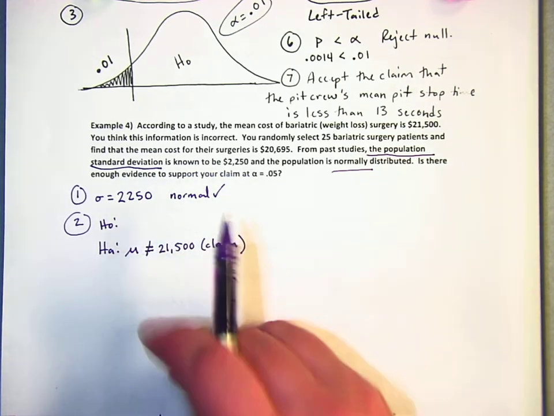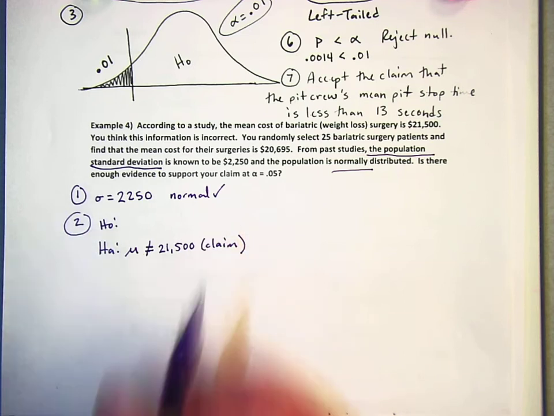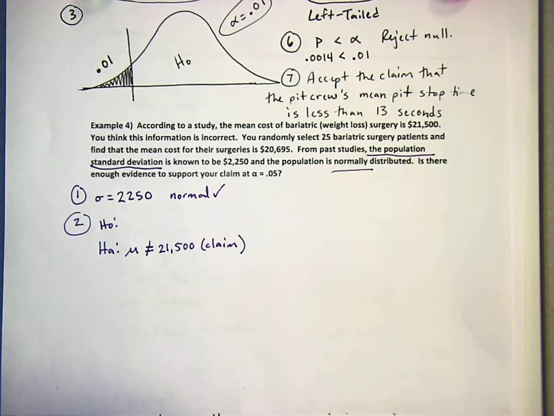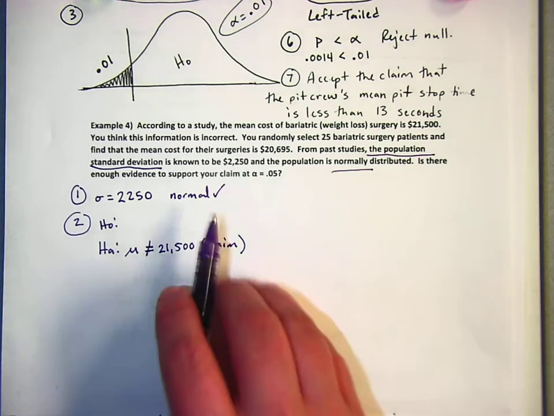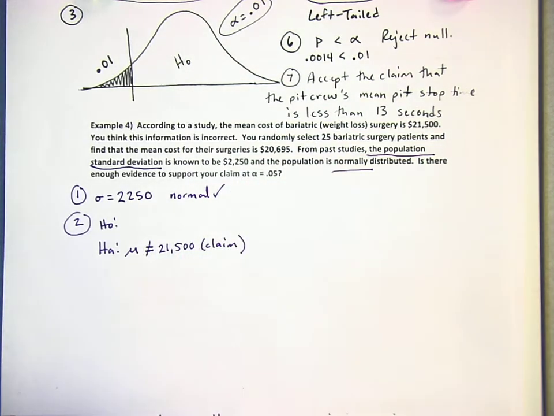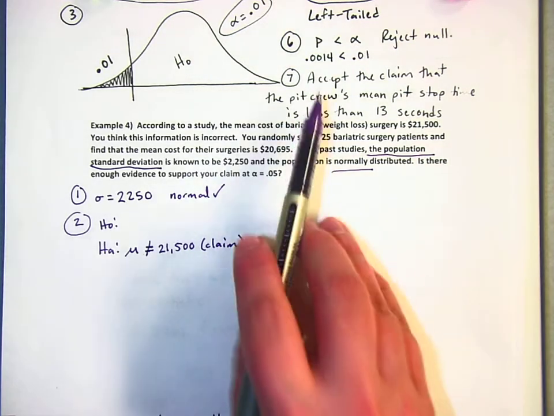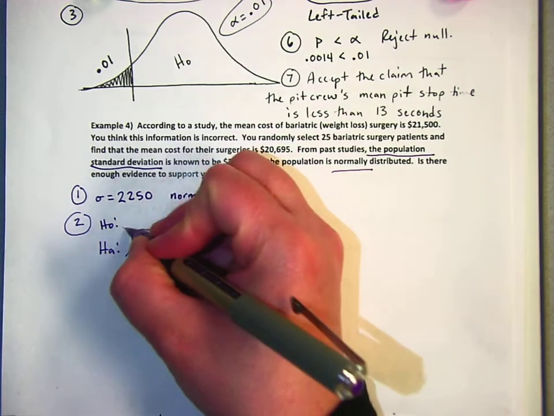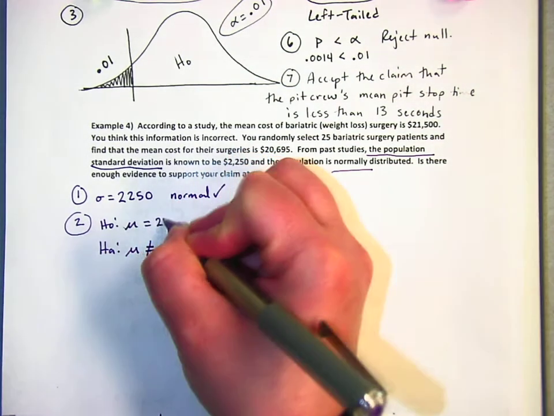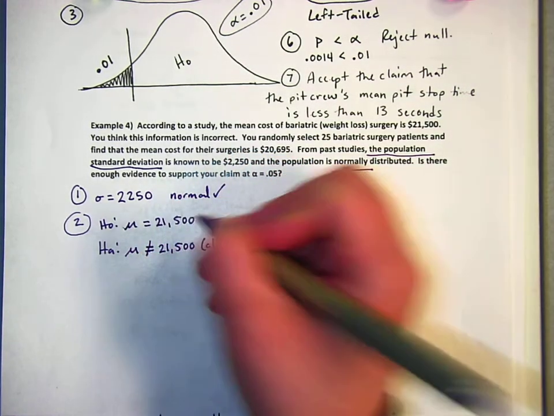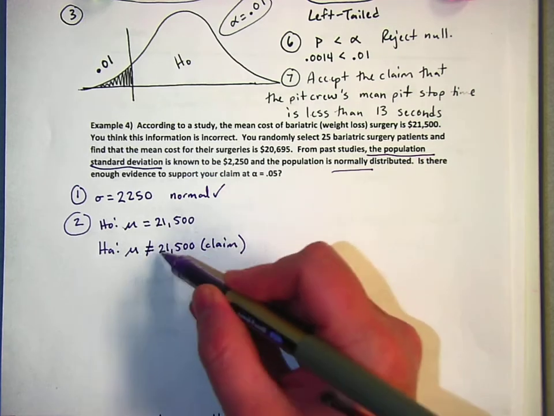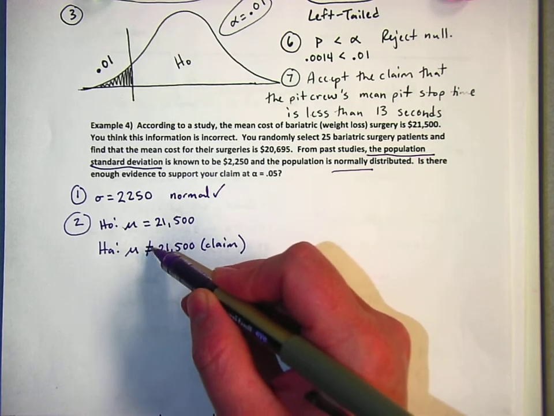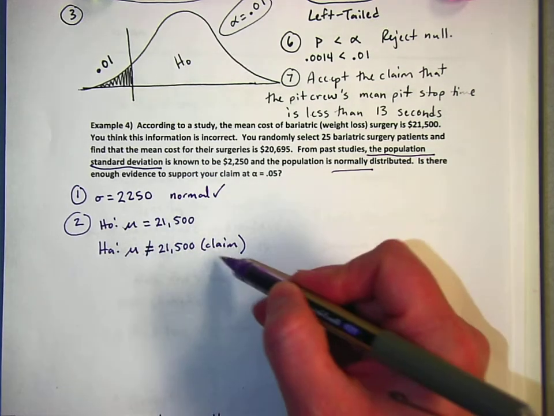But really, it wouldn't matter. Like, if you had this question on a free response question on an AP test, and you decided to call the claim what they're saying that the weight loss surgery is $21,500, it wouldn't matter, because at the end, if you have a sentence, then they're going to know what you're talking about. Mu is equal to 21,500. Remember that I'm choosing to do this here because it's not equal to, which has to be the alternative.